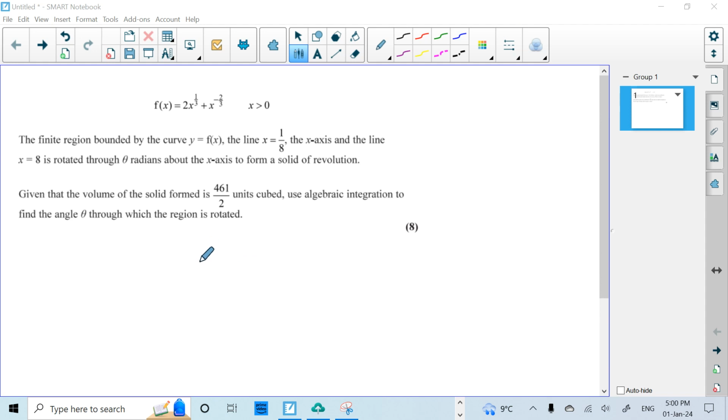Okay, let's get started and let's do the math. So, the volume of revolution is between our points x equals 1/8 and x equals 8.